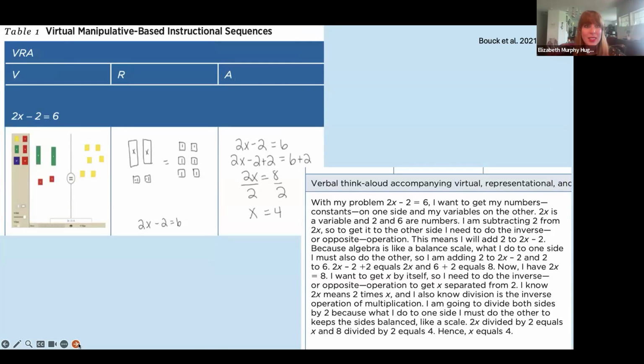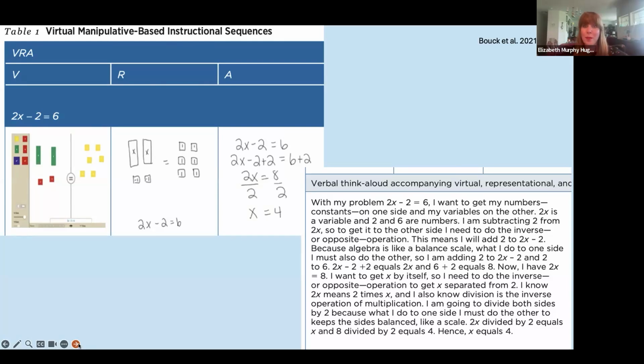Okay. And then here's another example. And if you notice in this one, we have the virtual manipulatives, the drawing representation, and the abstract numbers and symbols all together and right next to each other. So this is really that integration that I was talking about. And then what would happen is you start scaffolding, you're not using the virtual manipulatives anymore.